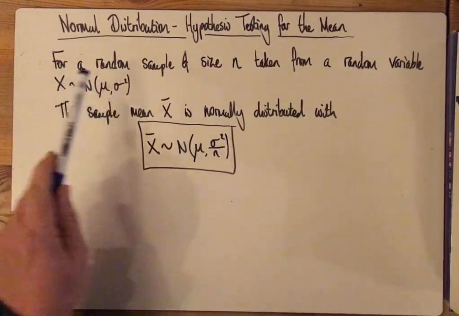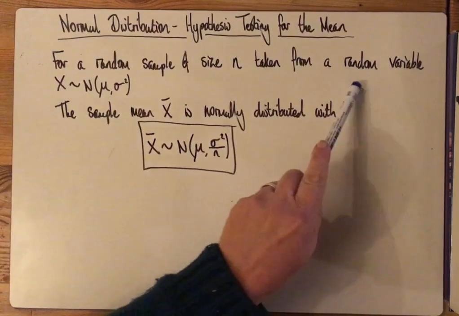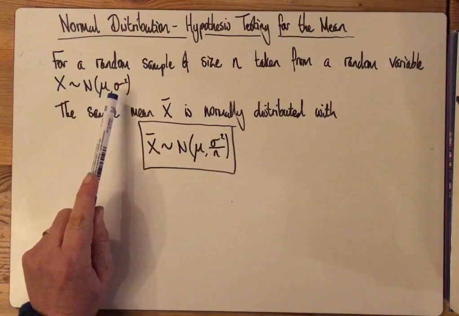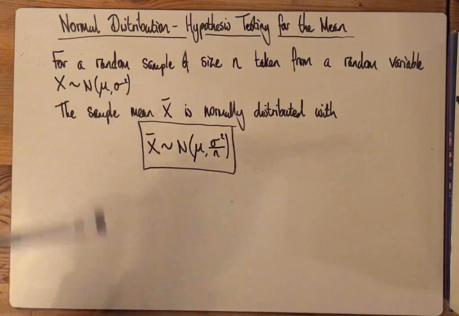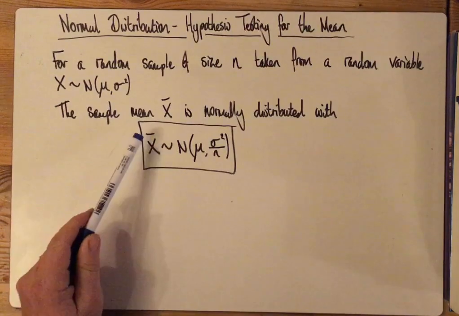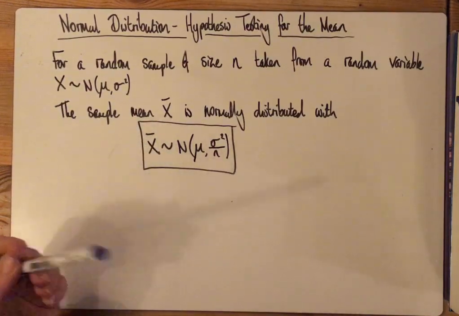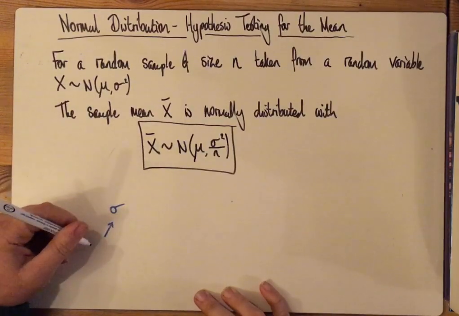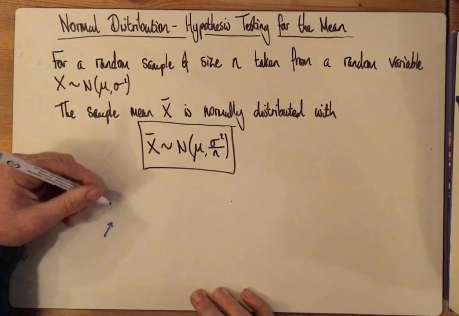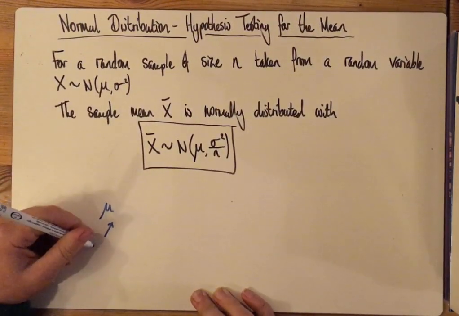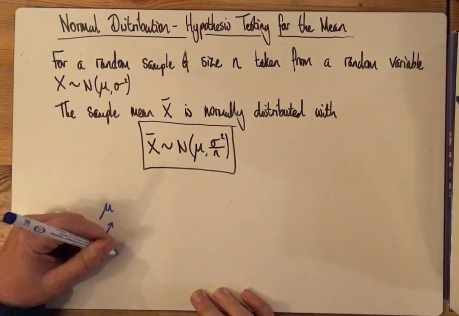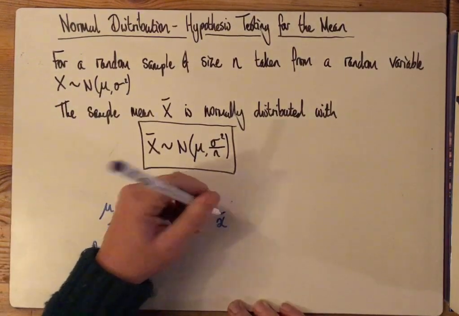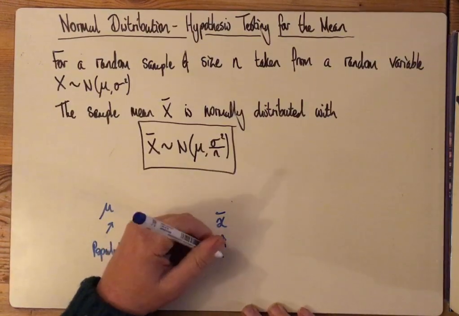So for a random sample of size n taken from a random variable X, which is normally distributed with population mean mu and variance sigma squared, a quick note on notation: we use mu for the population mean, and we use x with a bar on top for a sample mean.